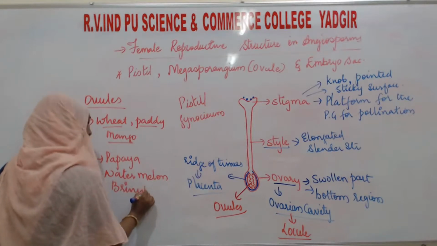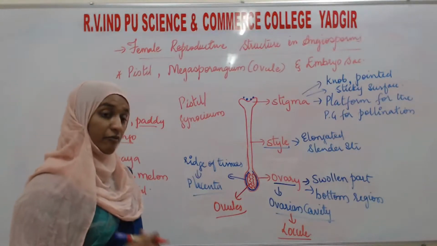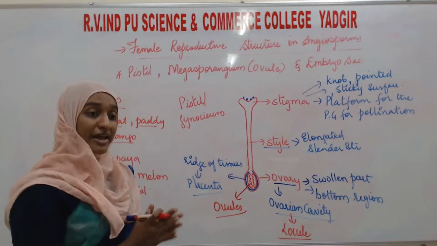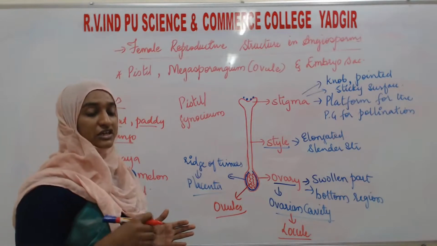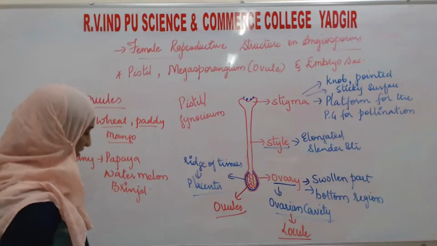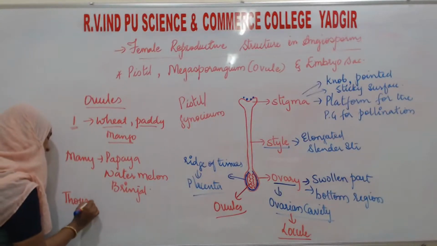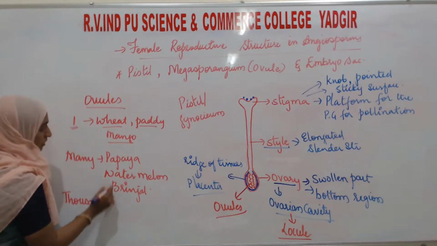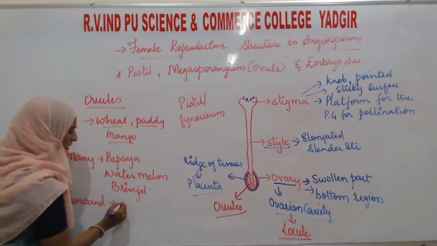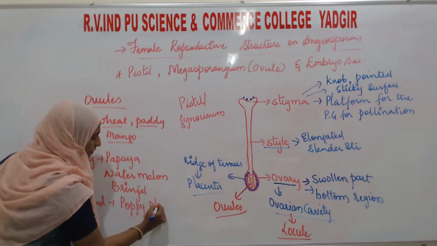In these plants, the ovules will be many, and in some species, it will be several thousand, that is in the poppy plant.